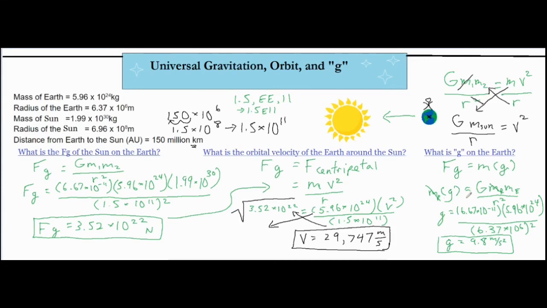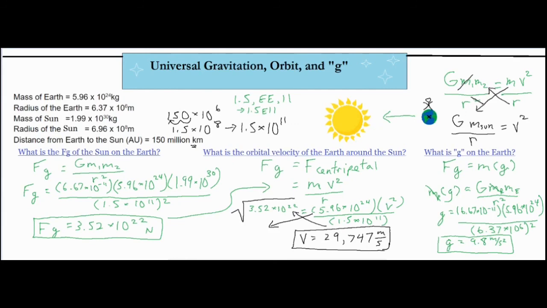So little g basically equals G, which is a constant, times the mass of your planet or your moon, and then the distance between the center of gravity of the planetary body and the thing is going to be the radius of that moon or planet. So I took the radius of the Earth and squared it because that's part of the formula. Then you multiply these two, divide by the square of that radius, and I end up with 9.8 meters per second squared.